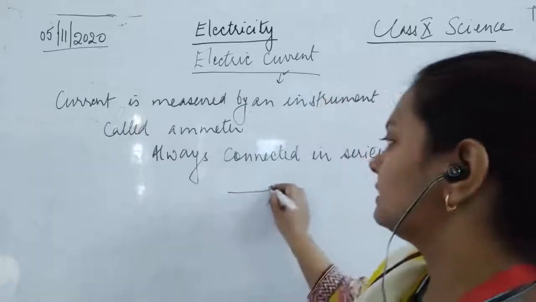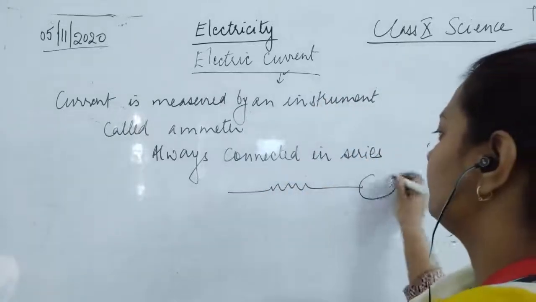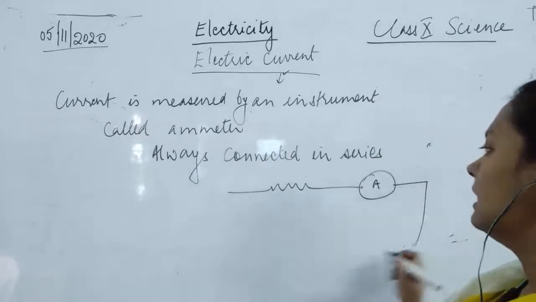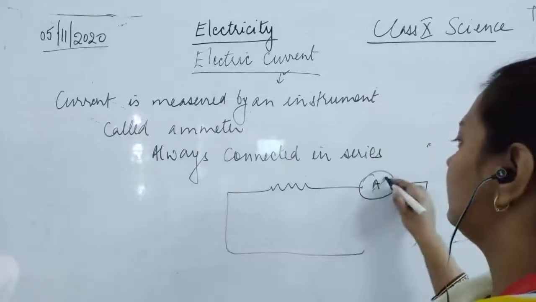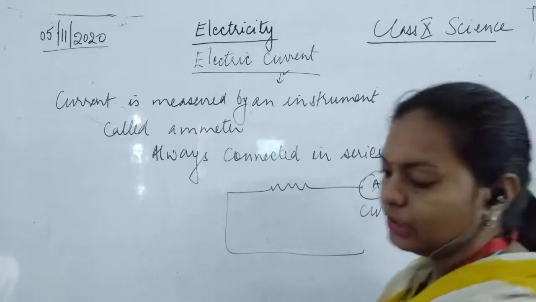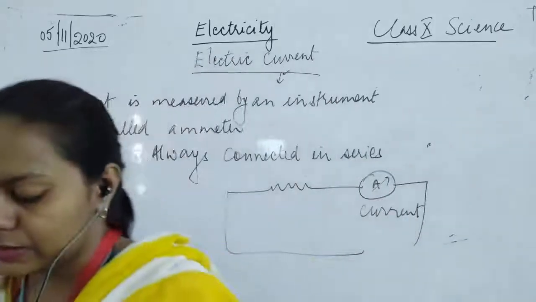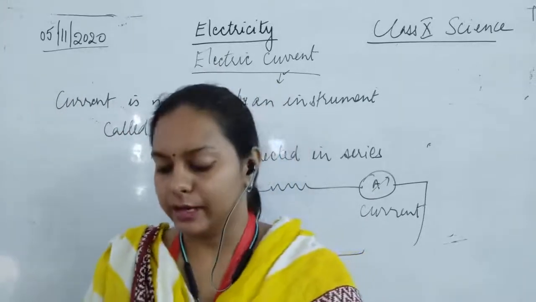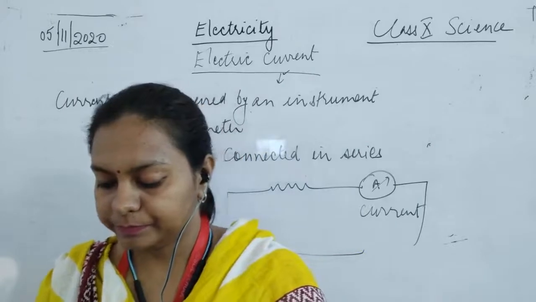One resistor would be taken, and we will add the ammeter, writing A at the center of the circle, and then we can calculate the current flowing in the conductor. So this is how the ammeter measures the current flowing through any conductor.